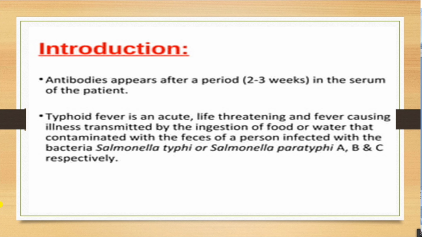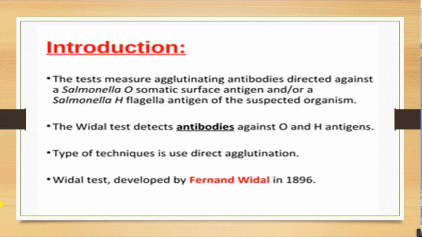Antibodies against this organism will appear in the human body after 2 to 3 weeks of infection. This test measures agglutinating antibodies directed against the Salmonella O somatic surface antigen or the Salmonella H flagellar antigen of the suspected organism. Salmonella possesses somatic O antigen and flagellar H antigen.